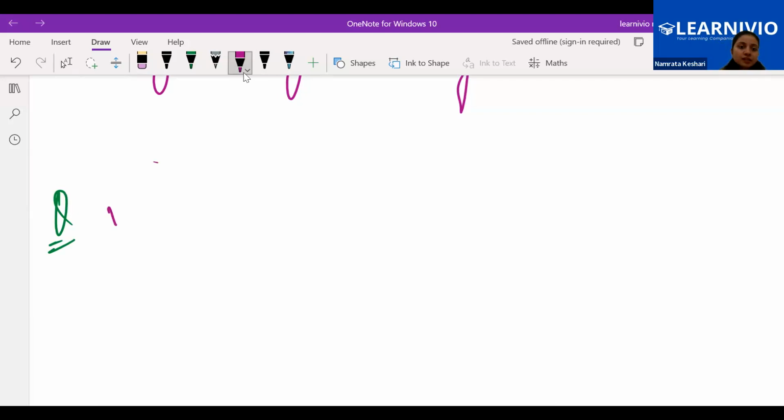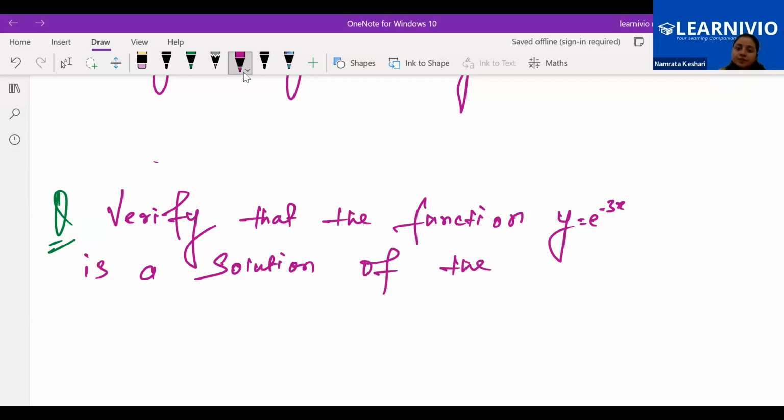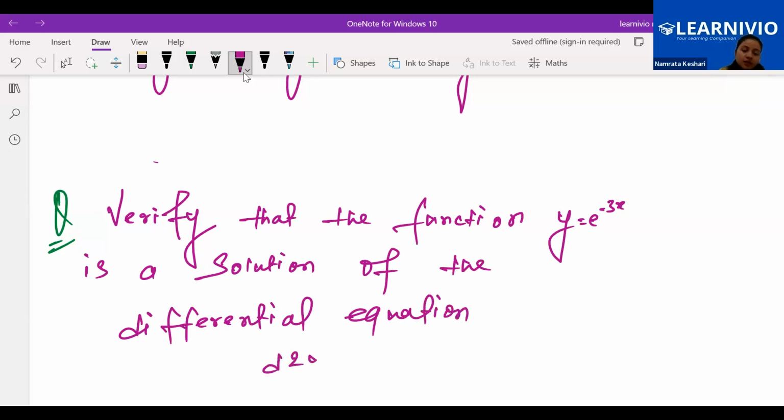Okay, suppose the question is like this. Verify that the function y is equals to e to the power minus 3x is a solution of the differential equation d2y dx2 plus dy dx minus 6y is equals to 0.